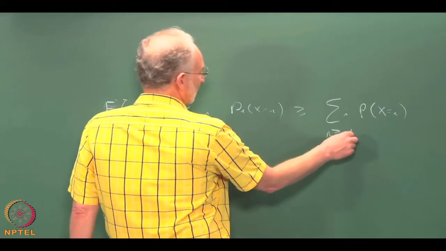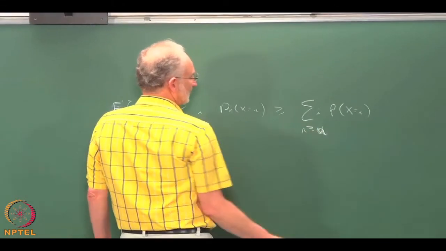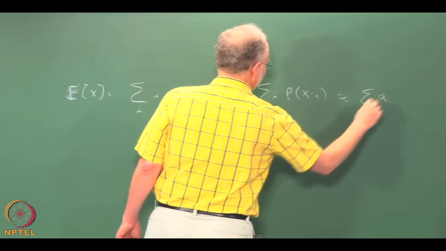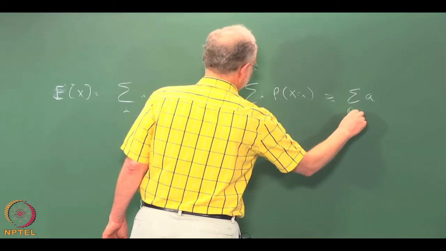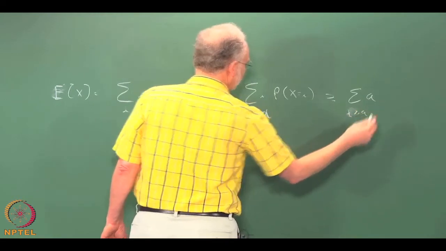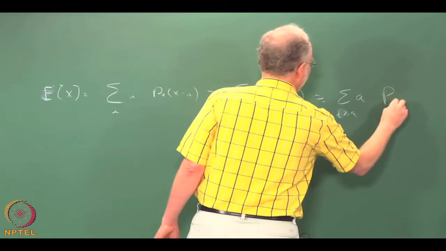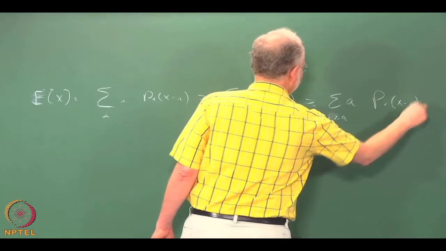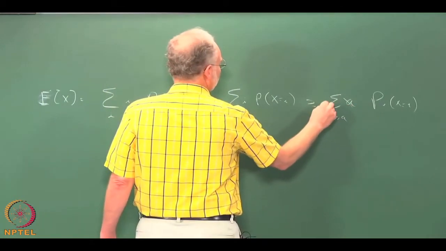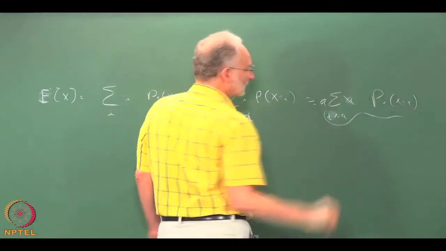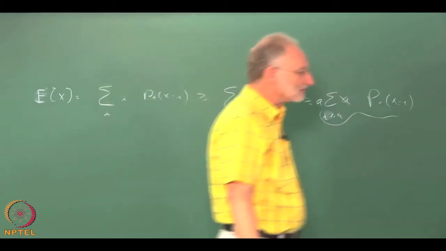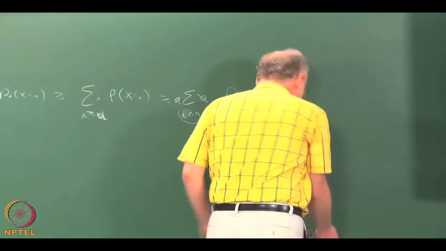But now if we sum only above a, then it's definitely greater than the sum of a times the probability that x equals i, for i greater or equal to a. Now if we take a outside, then what's written here is the probability that x is greater than a, and we get this. So that's a very simple bound.